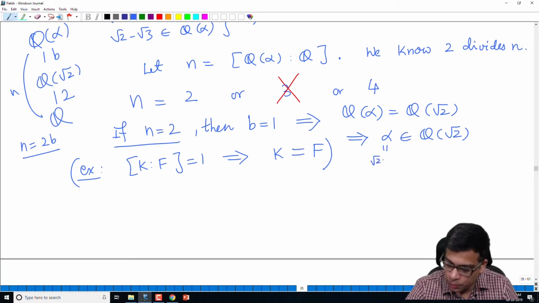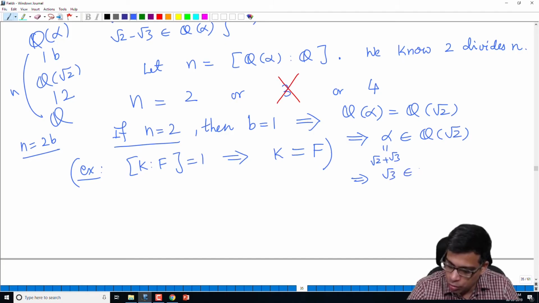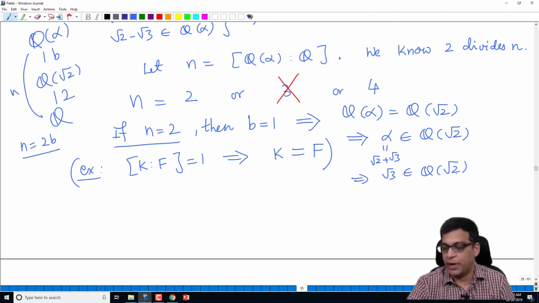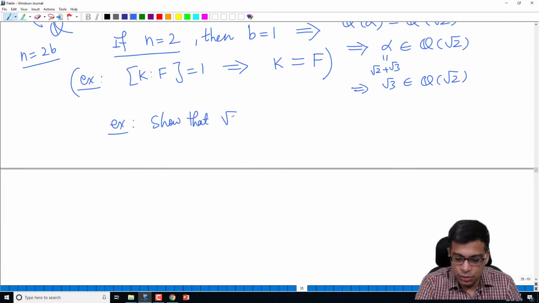If alpha is in Q root 2, alpha, remember, is root 2 plus root 3. If root 2 plus root 3 is in Q root 2, then root 3 is in Q root 2 because it's root 2 plus root 3 minus root 2. So root 3 is in Q root 2. And this is another exercise, I will leave it for you. Show that root 3 cannot be in Q root 2.